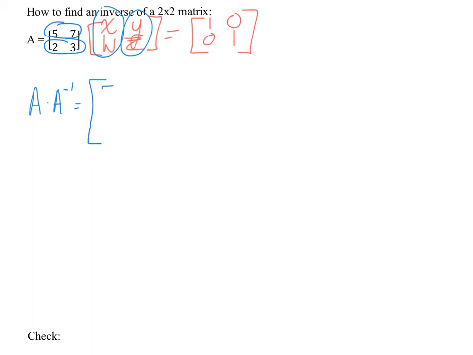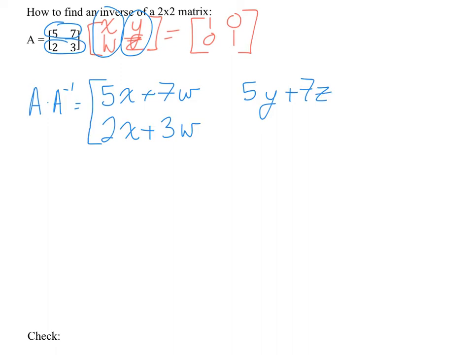So 5 times X plus 7 times W will be my first element. 2X plus 3W will be my second row, first column. If I go over into my first row and my second column, I'm going to get 5Y plus 7Z. And in my second row, second column, I should get 2Y plus 3Z.